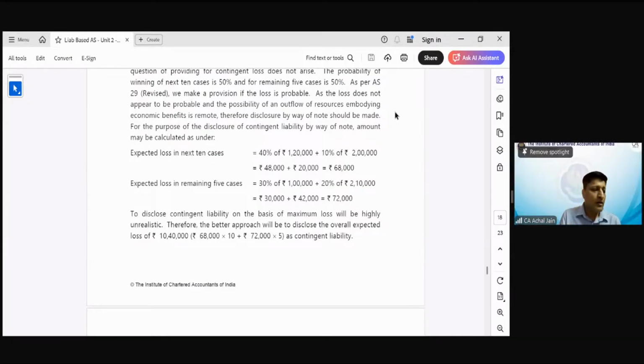All in all, your total contingent liability will be 10,40,000. Clear on this? Everyone clear? 10,40,000 will be the amount of the contingent liability.